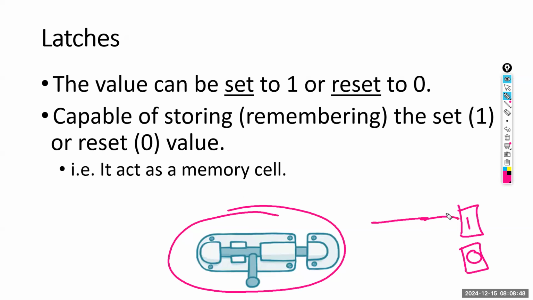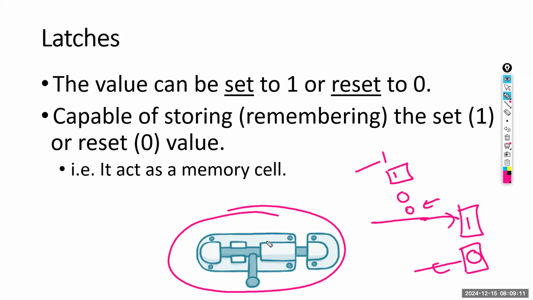So this is called set. This is called reset. And staying in the same state is called memory or latch. So we set it to 1 and let it latch, or remember, 1. We reset to 0 and let it stay in 0, or we say memory latch to 0. Okay.